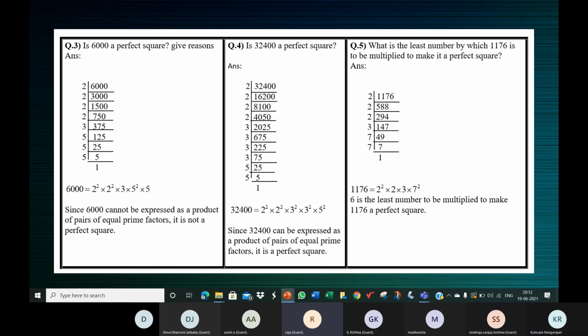Okay, fine. Anish, can you do it? Can you work the next one and share the picture with me? Okay, ma'am.